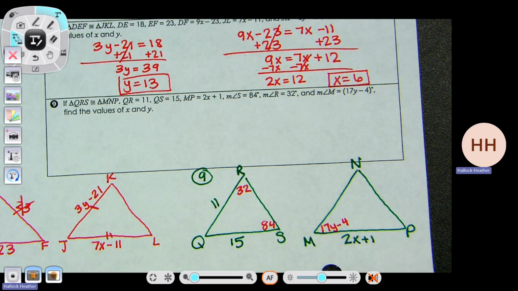Okay. So these three, because they're both on the left side. Find your matching pieces, put them with each other.